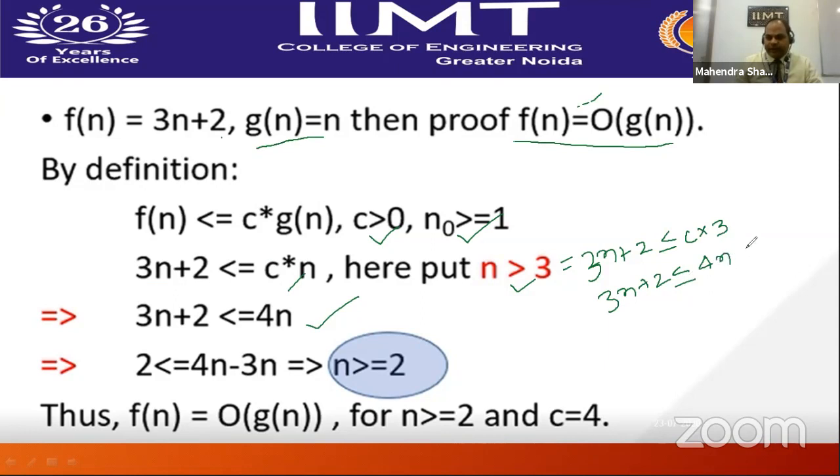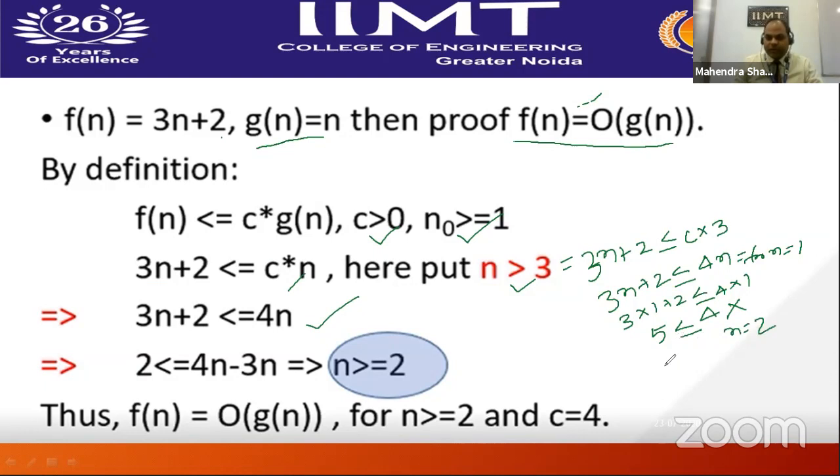For n is equal to 1: 3 multiplied by 1 plus 2 is less than or equal to 4 multiplied by 1? Whether 5 is less than or equal to 4? No. Let's put n is equal to 2.